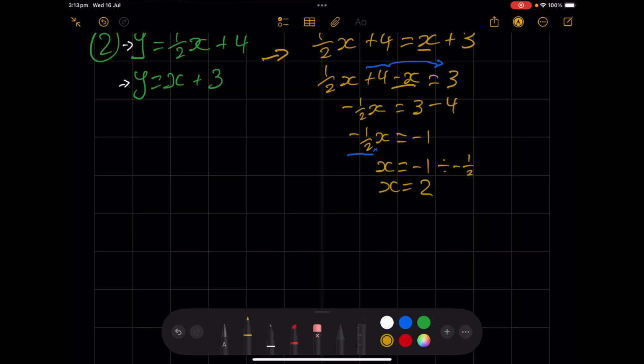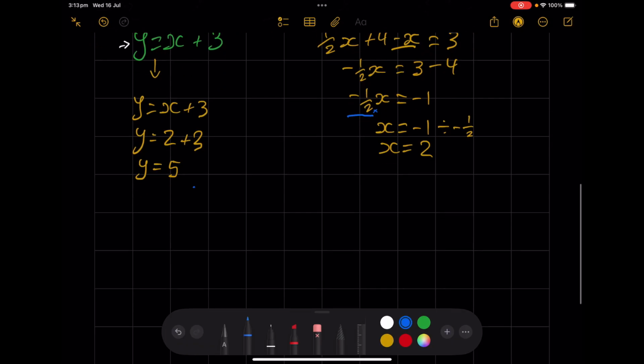Now that we have x equal to positive 2, we go down here to our y. y equals x plus 3. x equals 2, so 2 plus 3, y equals 5. So now our final solution is x equals 2, y equals 5, and that is the point.